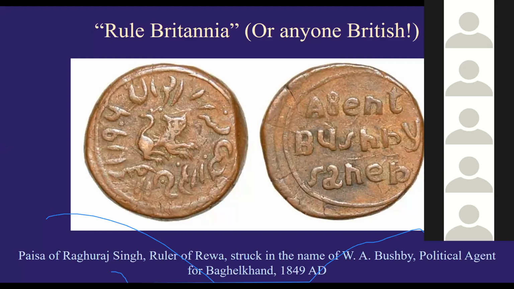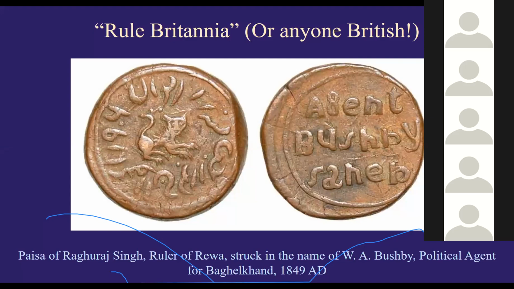He mentioned to the political agent of Bundelkhand, whose name was William Alexander Bushby, that he wanted to strike coins in the name of the queen at that time, which was Queen Victoria. Alexander Bushby, being a typical bureaucrat, said, yes, you can do that, but we have to actually have an agreement from the Governor General in Calcutta.